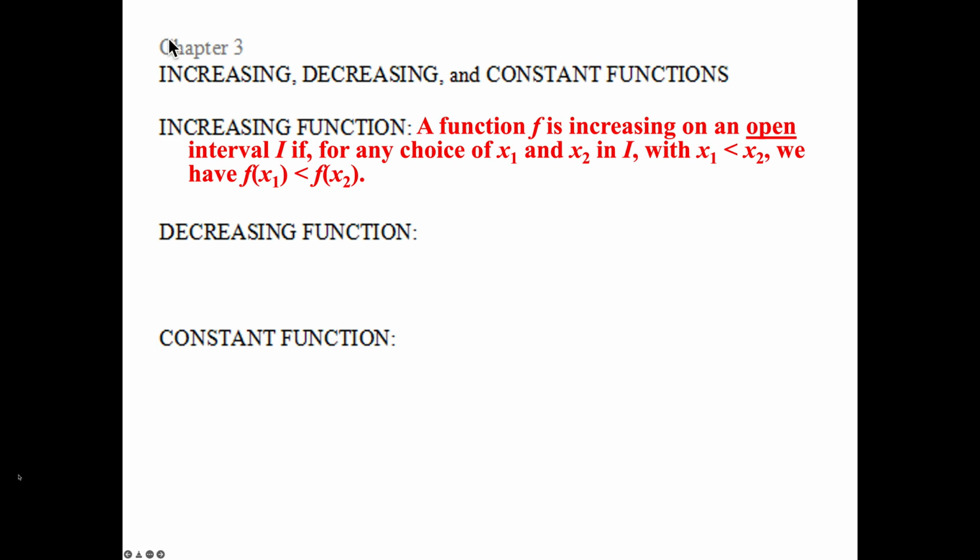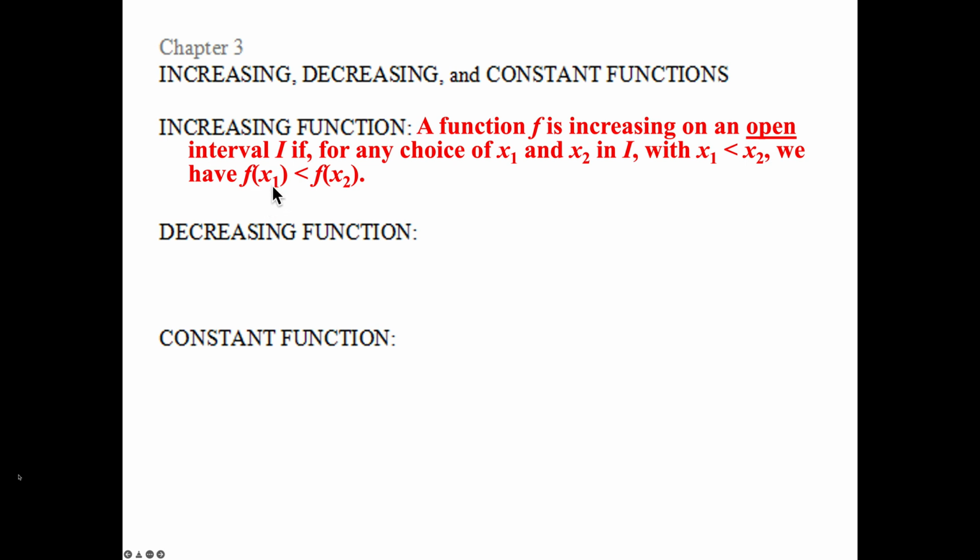But the concept here is that within this open interval, you choose x sub 1 and x sub 2, where x sub 1 is going to be smaller than x sub 2. If that happens, then f of x sub 1, which is the first y coordinate, let's call it y sub 1, is going to be less than f of x sub 2, let's call that y sub 2.